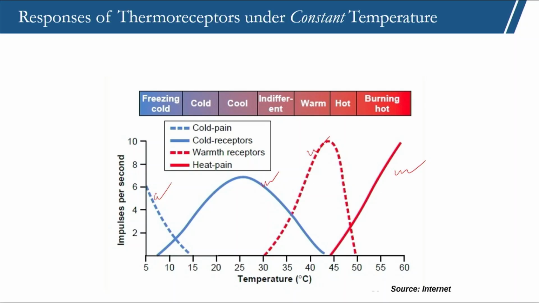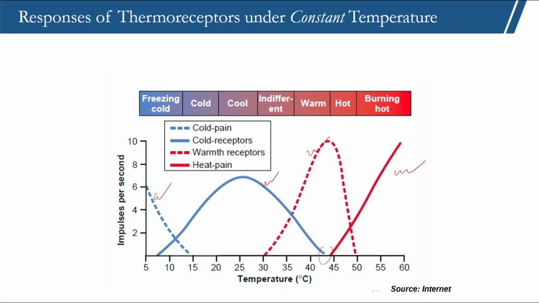So, what does it mean? Normal cold receptors start their activity at around 6 to 7 degrees, and they stop their activity at around 40-45 degrees.